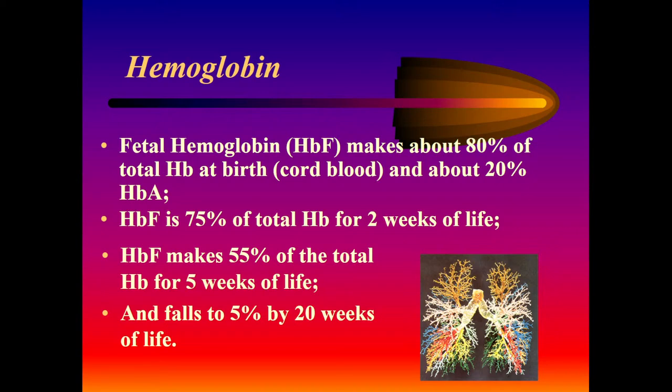Hemoglobin F makes 55% of total hemoglobin at 5 weeks of life and falls to 5% by 20 weeks of life. It decreases and changes from fetal hemoglobin to normal hemoglobin A.